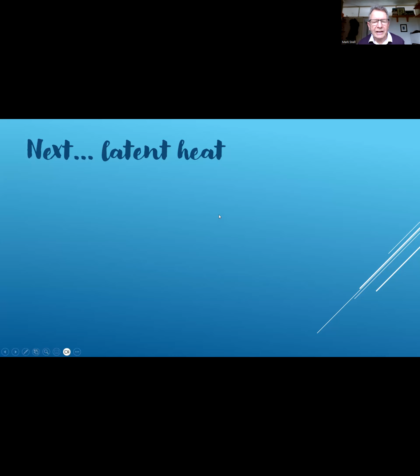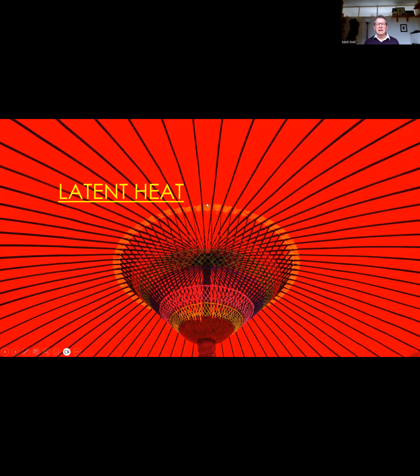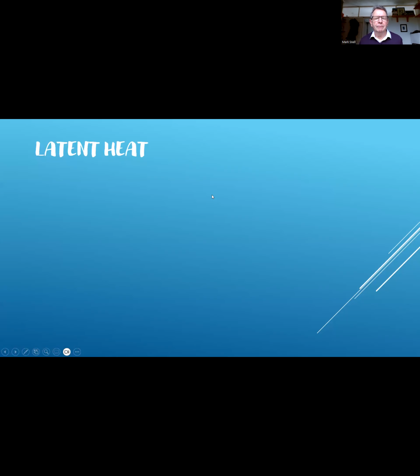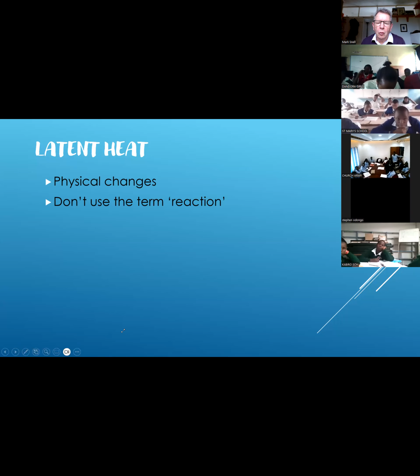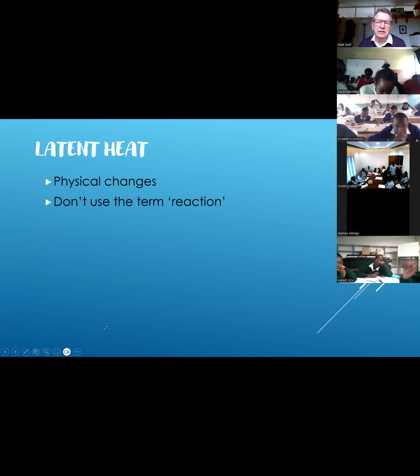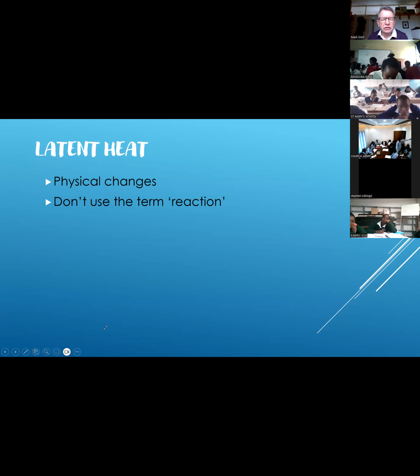Okay. So latent heat is all about the heat changes when changes of state happen. They are physical changes. We do not use the word reaction. That is really important. When water turns into ice, or ice melts, or wax turns from solid into liquid, we don't say it's a reaction.